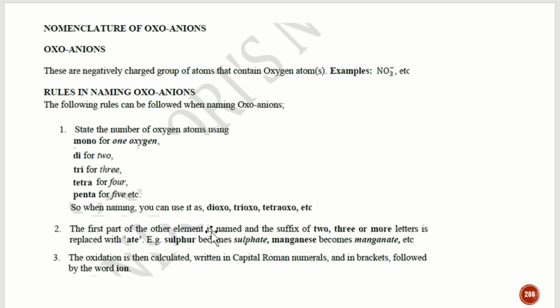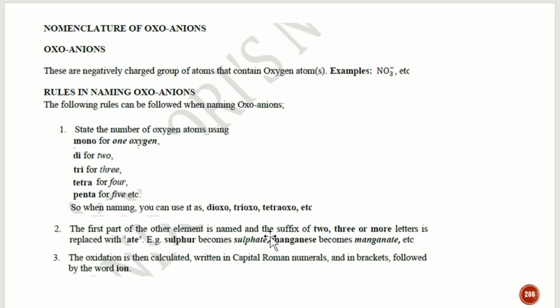After identifying the number of oxygen atoms, the next step is to look at the first part of the other element. The first part of the other element is named, and the suffix of 2 or 3 letters is replaced with AT. This time we are not doing IDE, we are replacing with AT. So for example, if we have sulfur, it becomes sulfate.